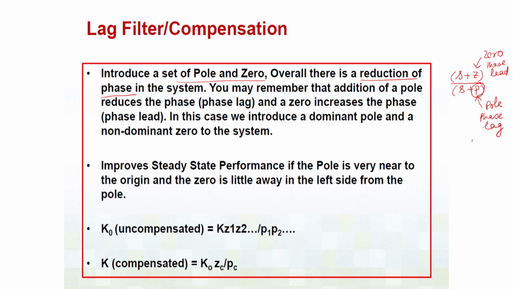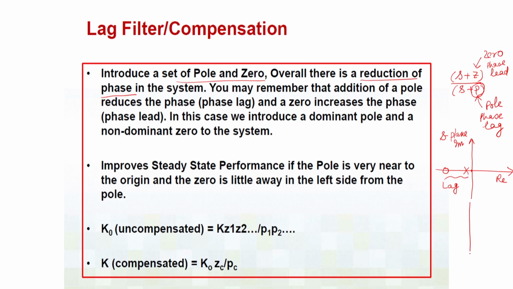Well, if you look at the S plane, let us say this is the real axis and this is the imaginary axis, then if a pole is closer to the origin in comparison to the zero, this is called a lag compensator.